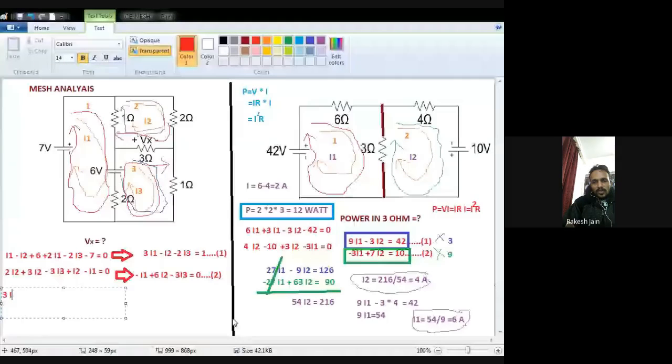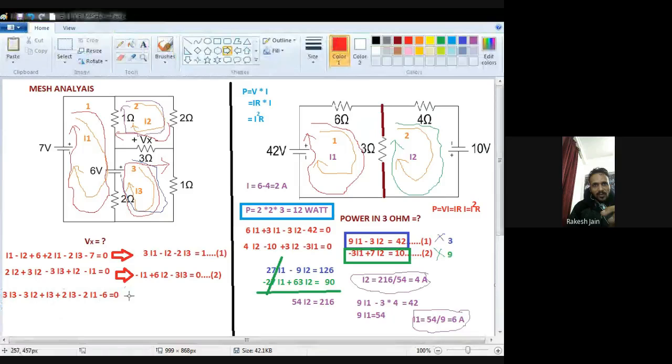So 3 I3, because now I am going to write the equation for the third mesh, so my current with positive sign, minus 3 I2 plus 1 ohm into I3, so I3 only, plus 2 I3 minus 2 I1, then the battery negative sign comes first, so minus 6, that is equal to 0. 3 I3 minus 3 I2 plus multiplied by I1.